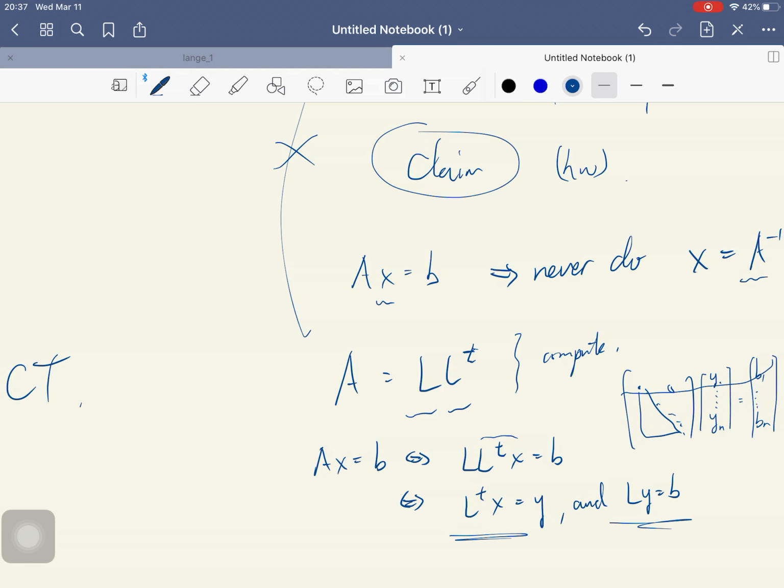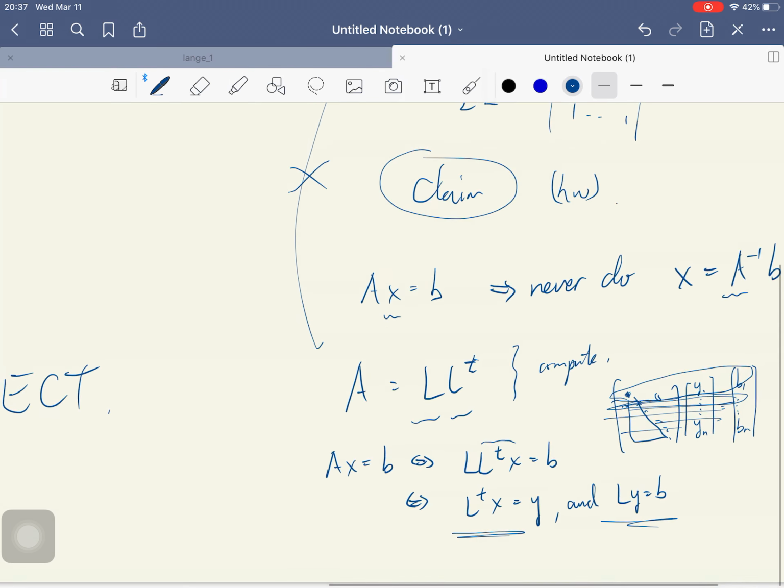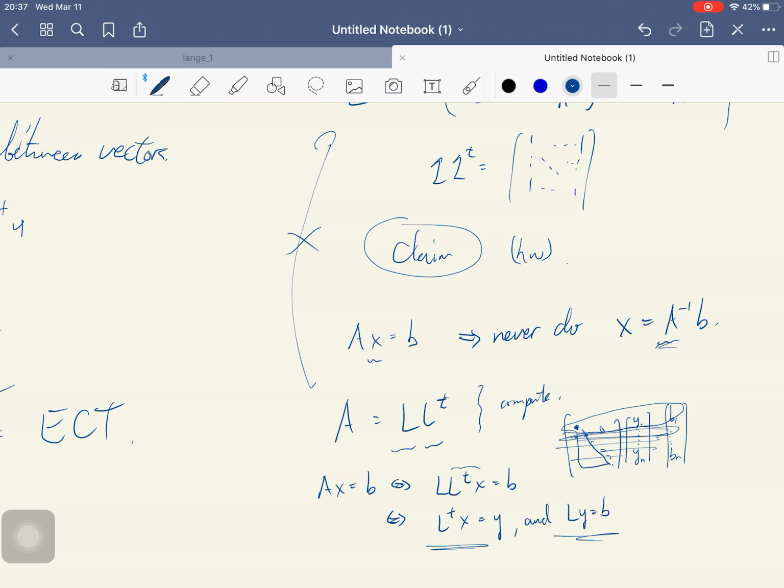The first row is very easy to solve for. And then in the second row, because you know what the first is, you can also solve for the second. So you can just do this row by row, and it would be much easier to solve than just inverting a matrix.